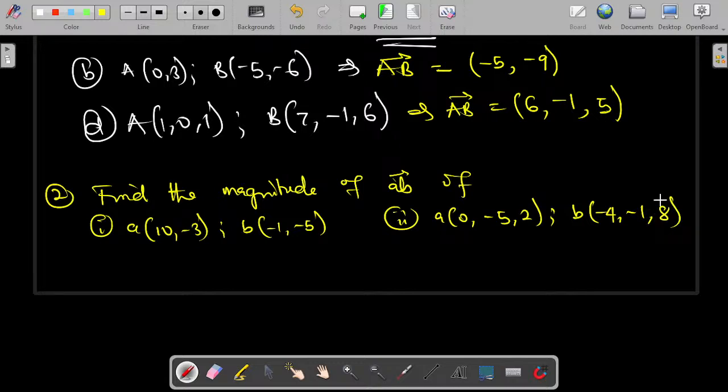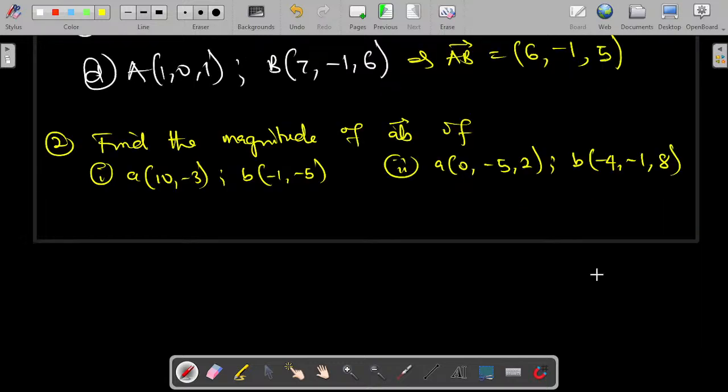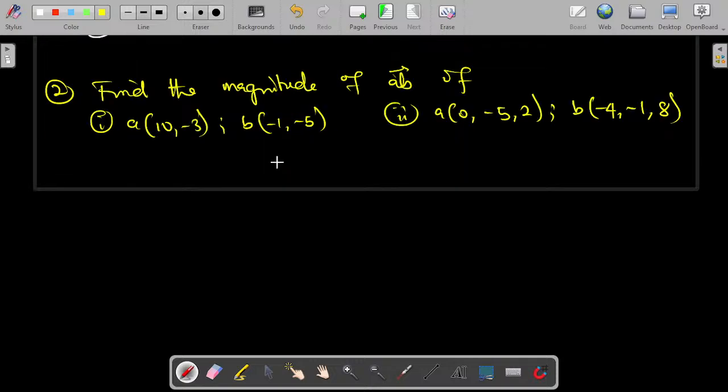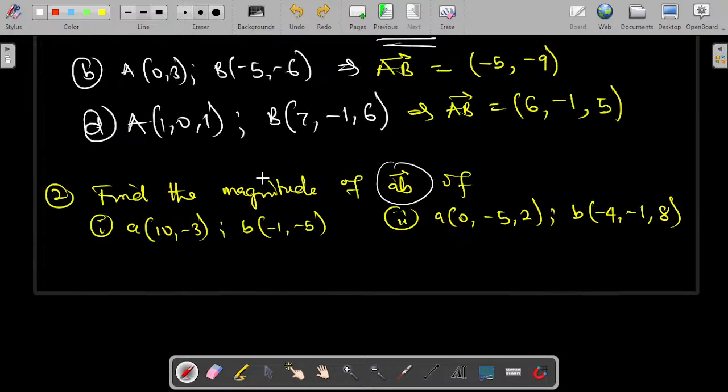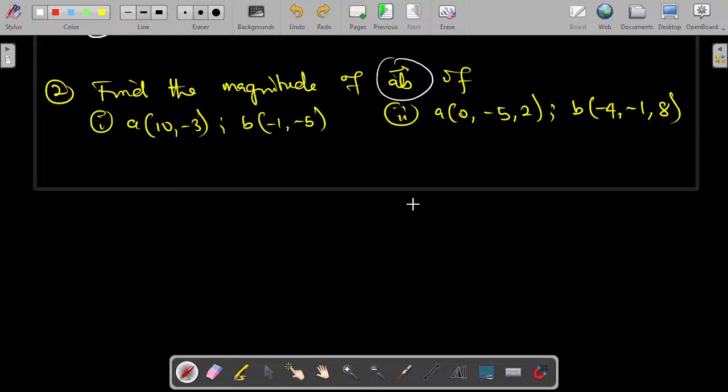Okay, so let's go ahead. All right, so what does that mean? So this question now is asking us to get the magnitude of vector AB if point A is this and point B is this. All right, so in other words, this person is asking you to do what you have done here. Get the vector AB first and then look for its magnitude. All right, and what is that going to be?